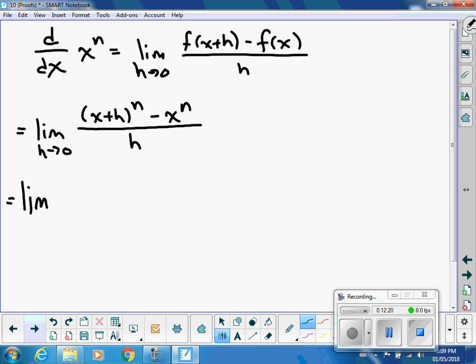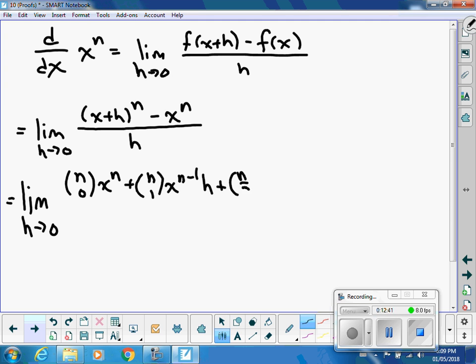So this equals the limit as h goes to 0 of, okay, well, this is going to be n choose 0 x to the n plus n choose 1 x to the n minus 1 times h plus n choose 2 x to the n minus 2 h squared, okay, and so on.